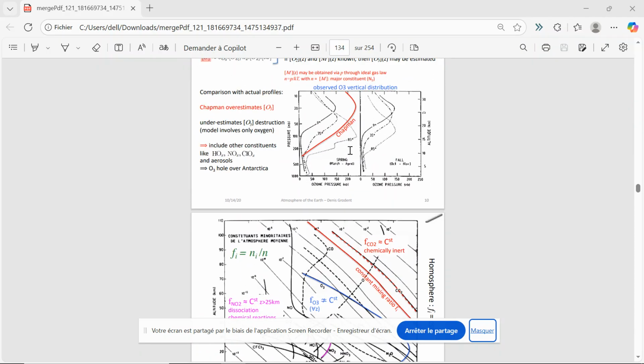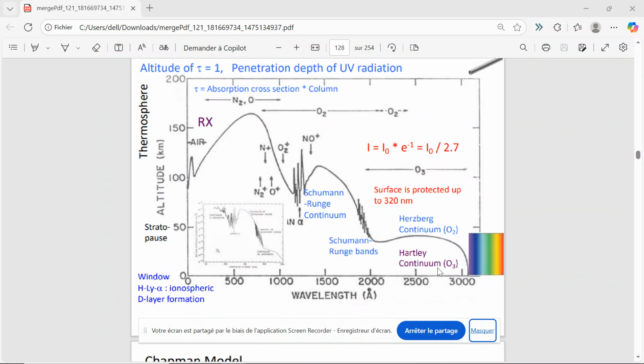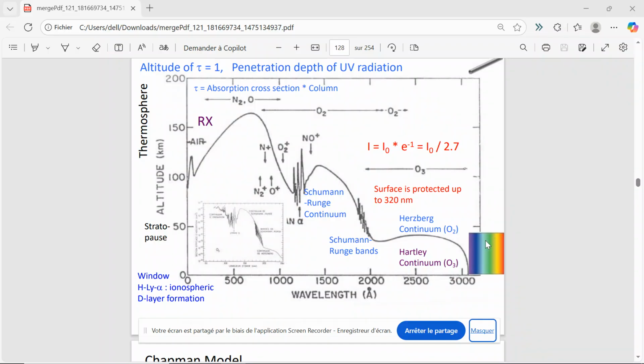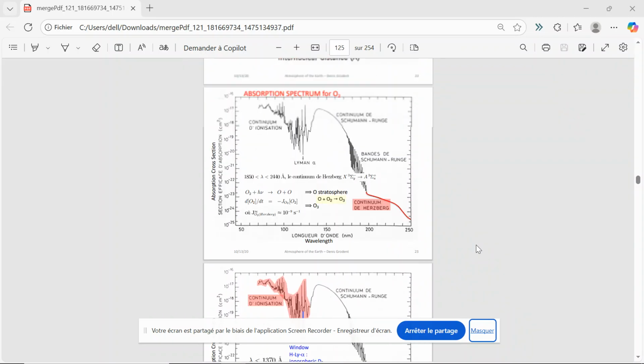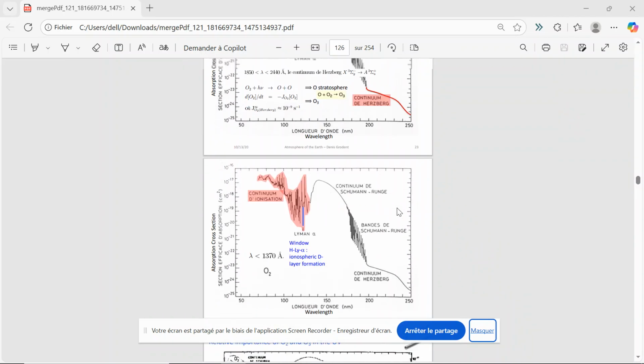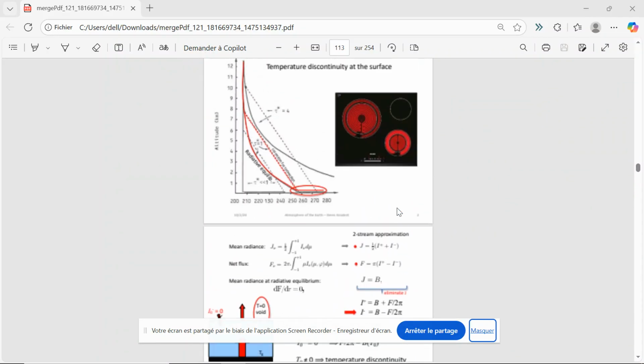This one is beautiful, like the way the sunlight in the visible is not absorbed. So it's quite nice. It was very interesting, honestly.